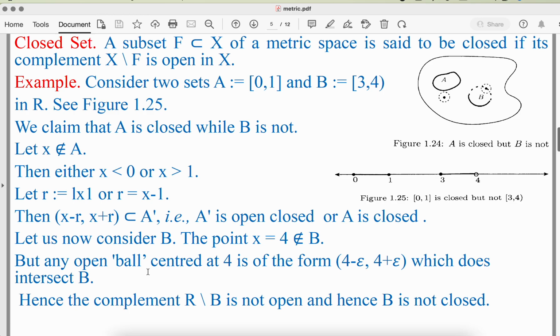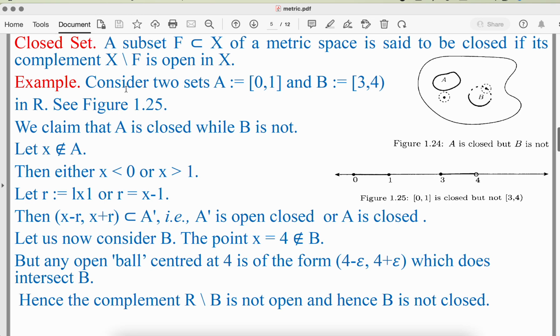Now the definition of a closed set. A subset F of X of a metric space is said to be closed if its complement is open. This is a figure; this is a closed set inside it.